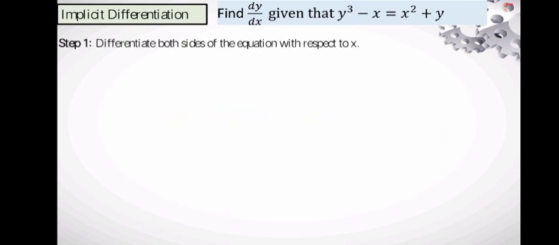The first step is we will differentiate both sides of the equation with respect to x. Okay? So, lahat ng mga variables na nakikita natin sa function natin can be differentiated, both sides of the equations with respect to x. So, ano ibig sabihin nito? Kukunin natin yung derivative ng left part of your equation and also the derivative of your right part of your equation.